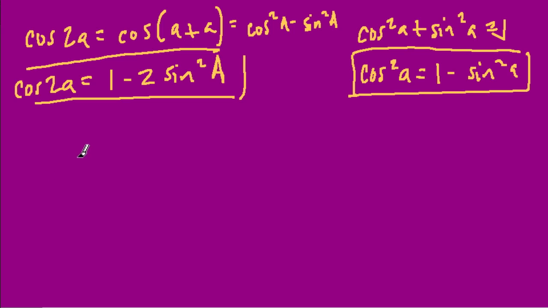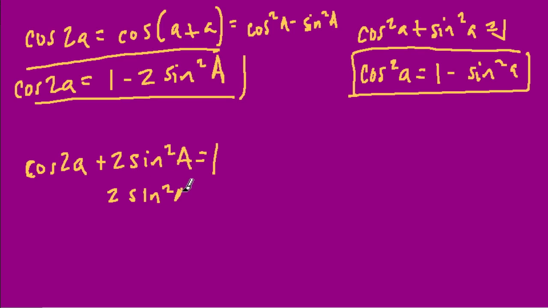So in the next step, we're going to add this term, 2 sine squared of A, to both sides: cosine of 2A plus 2 sine squared of A equals 1. And then solving for 2 sine squared of A, we subtract cosine of 2A from both sides. 2 sine squared of A is going to equal 1 minus the cosine of 2A.